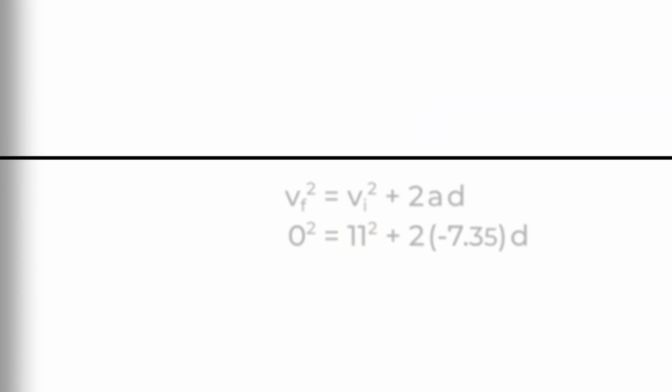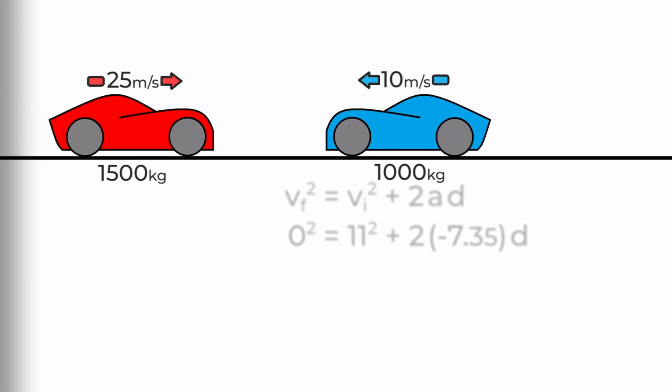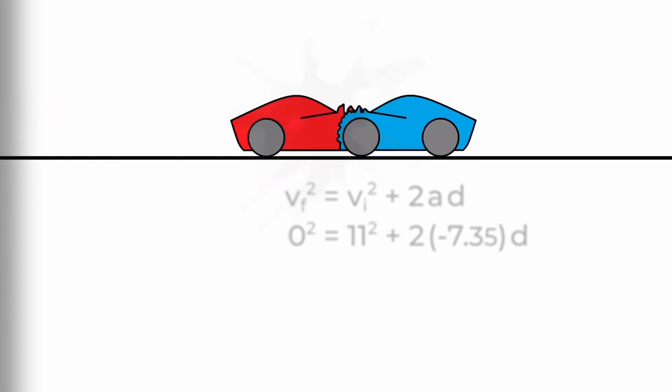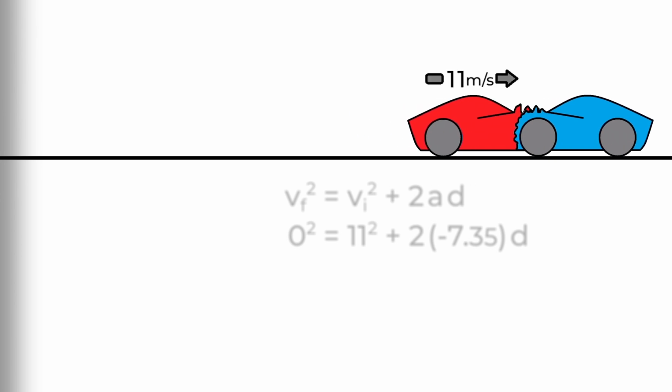You see, in the beginning of the problem, we had one car going 25 meters per second and the other car going 10. But the critical thing to recognize here is that in this phase of the problem, the two cars are skidding across the ground. And their initial velocity when they began skidding was 11 meters per second. Not those velocities from the very beginning of the problem that we had.